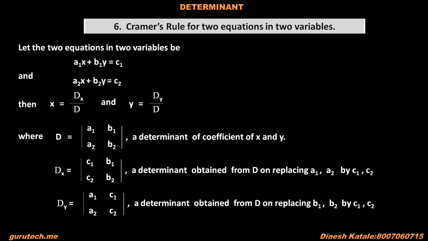Thus, using these three determinants d, dx and dy, we can find the values of variables x and y of the given two equations by the formula x is equal to dx upon d and y is equal to dy upon d. For better understanding, take a pause here and write down all these points in your notebook.